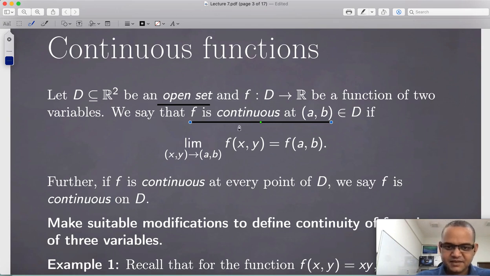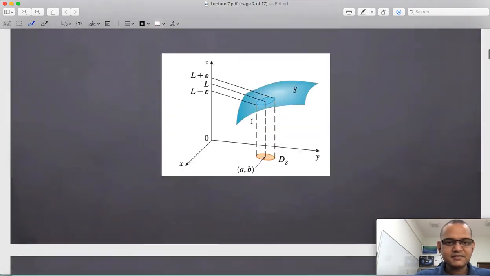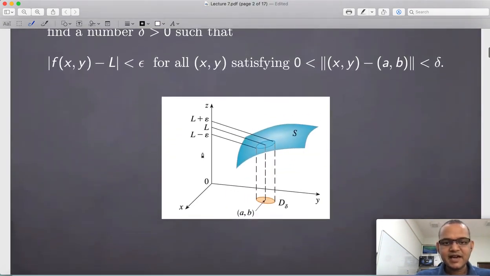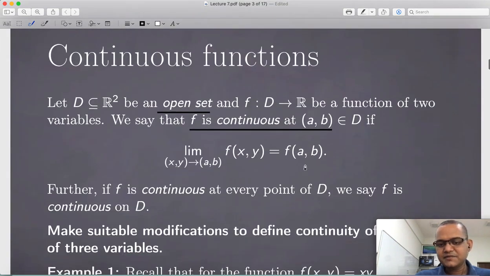If this limit exists, and not only that, it has to be equal to the value of the function at (a, b). So basically what we are demanding is that the limit exists and it is precisely the number which it should be. Correct? The limit L in the previous slide happens to be the value of the function at (a, b). Okay, so if this happens, then your function is called continuous.